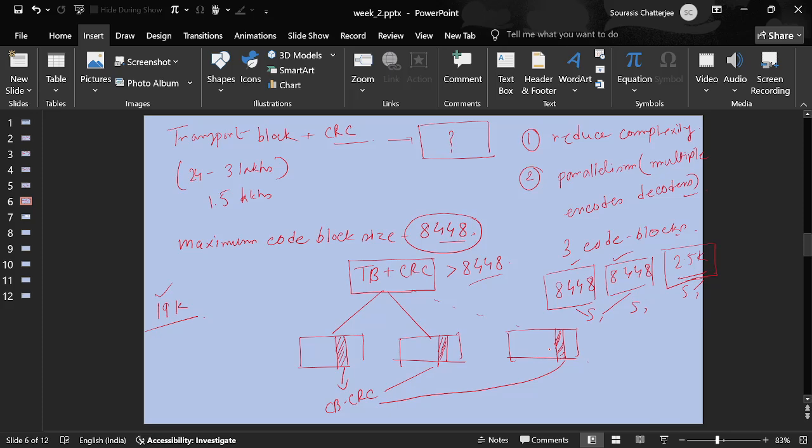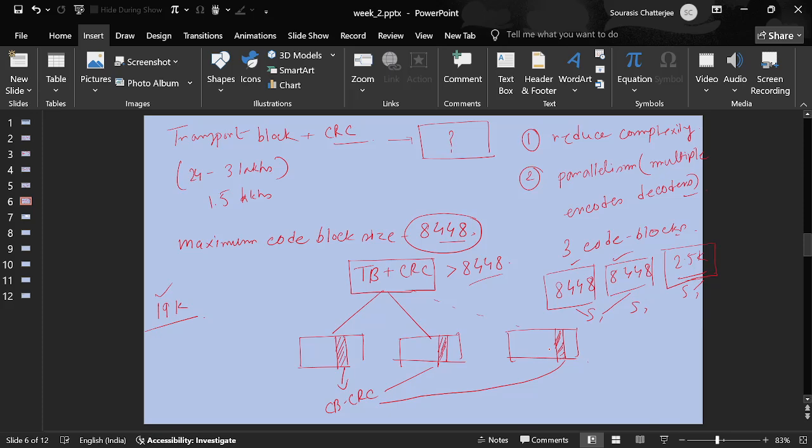You'll ask for retransmission, right? As per our understanding from the previous session. Yes. And as long as this third code block is not cleared, my entire transport block is stuck. Is that correct? Correct. It's like a chain, which is as strong as its weakest component.